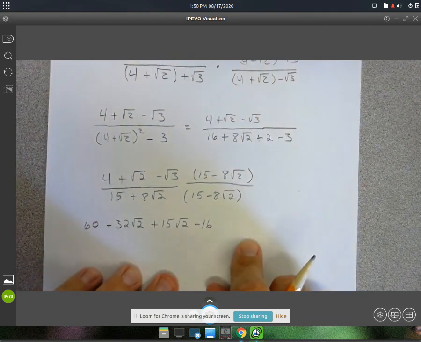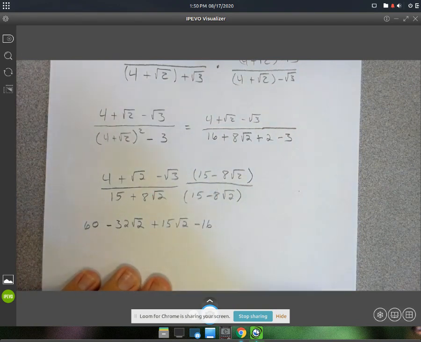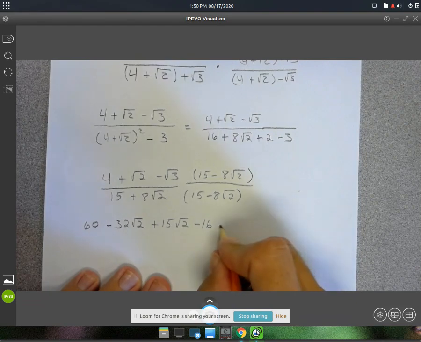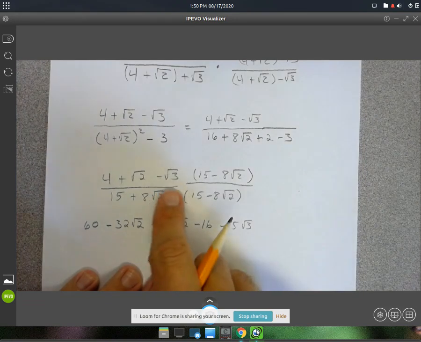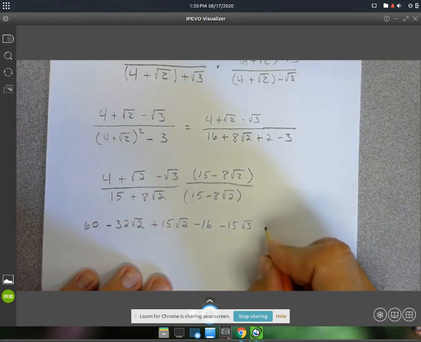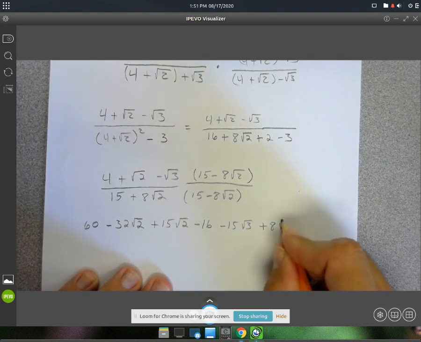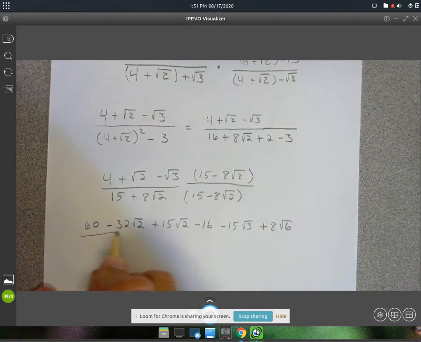The last will be negative 3 times 15, that's going to be negative 15 root 3. And then negative root 3 times negative 8 root 2, so that'll be a positive 8 root 6. Boy, that's our numerator.